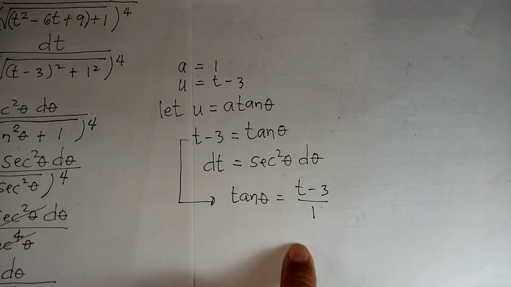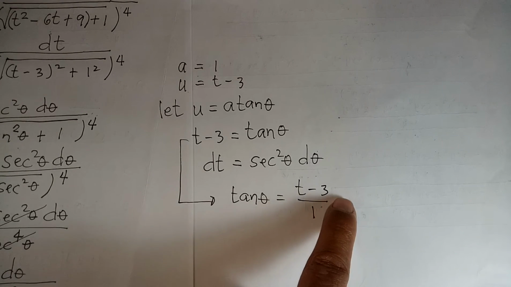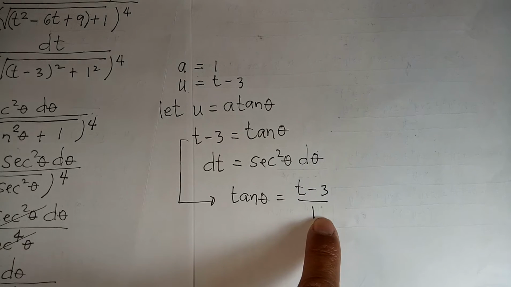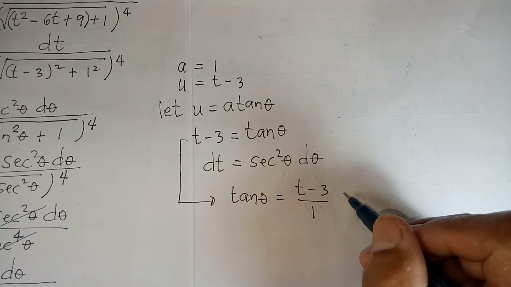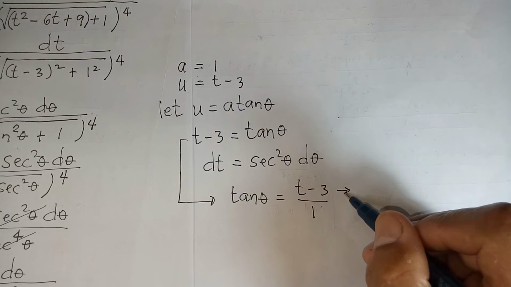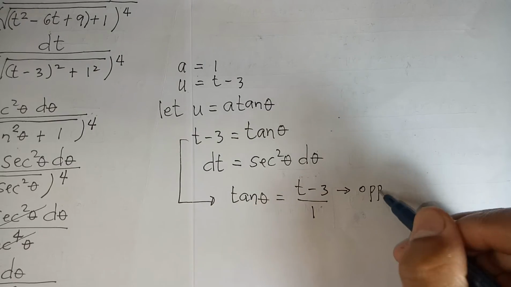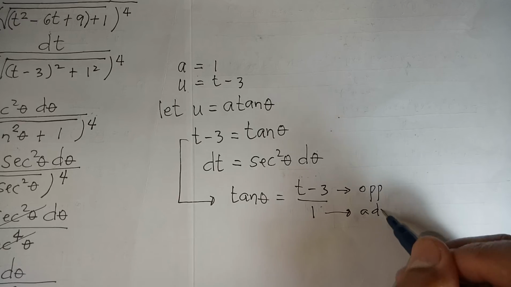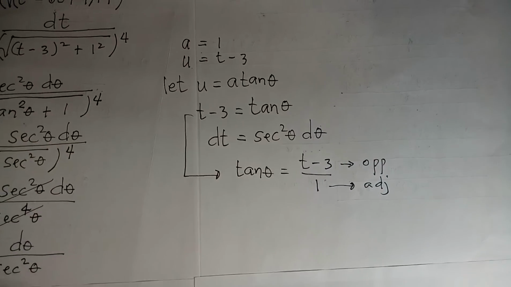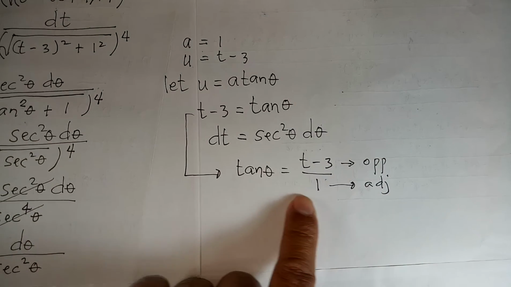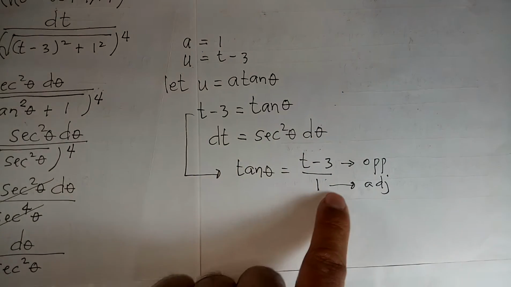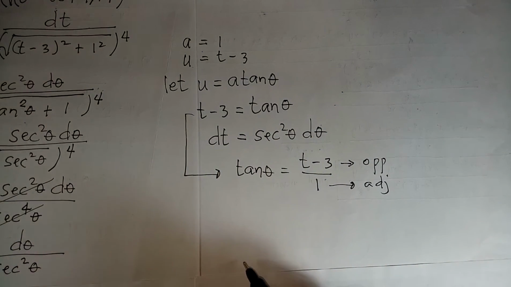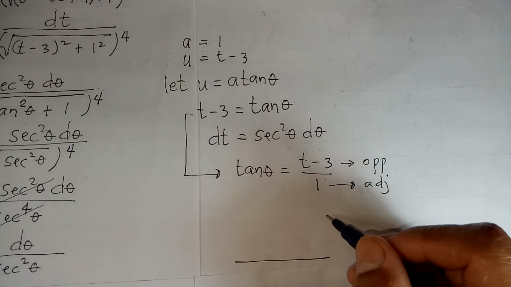And by definition, tangent is opposite divided by the adjacent side. So, ito ay opposite. Ito namang 1 ay adjacent side natin. Okay. So, after that, draw the right triangle defined by this equation. So, drawing natin yung right triangle.